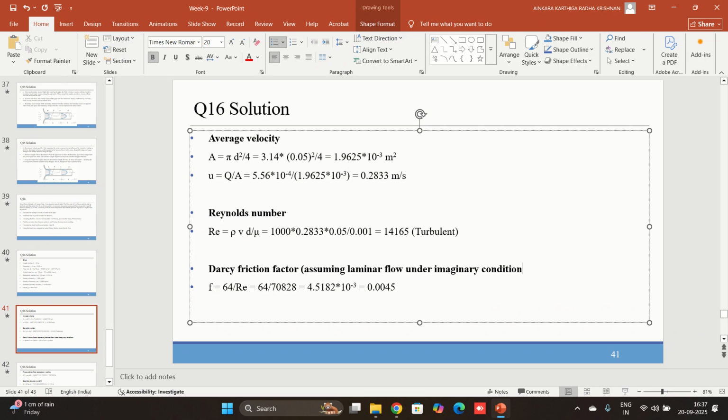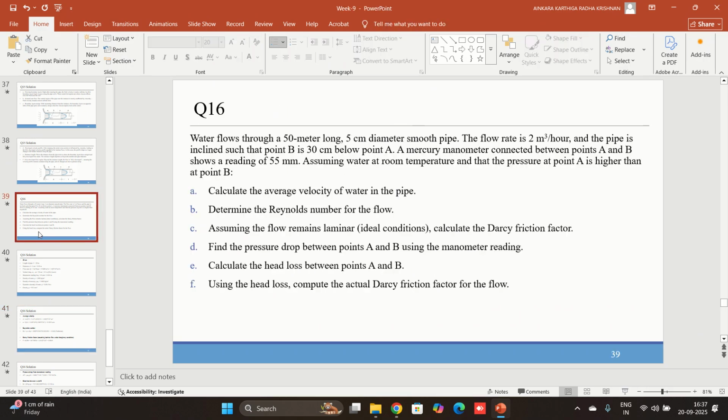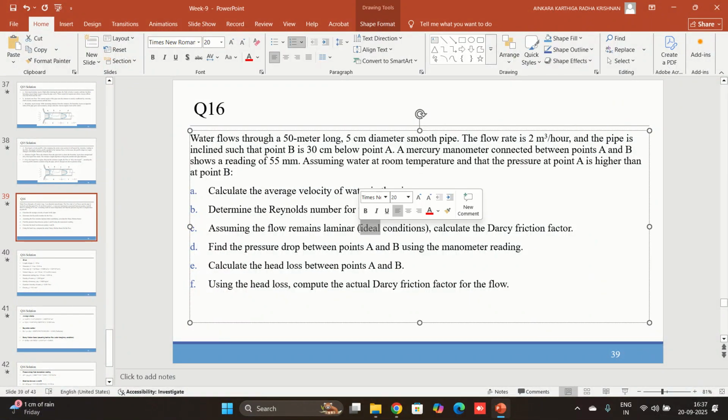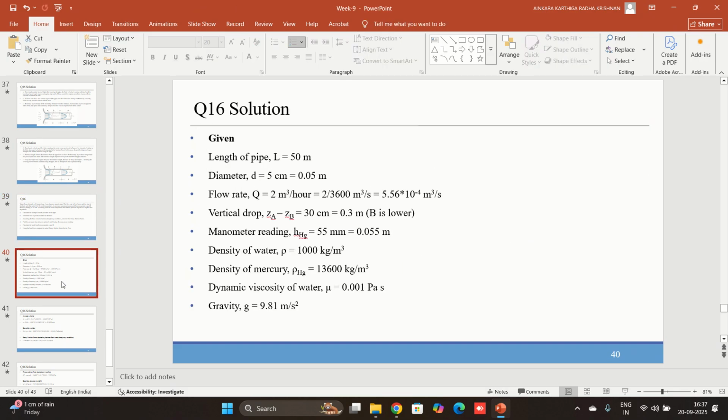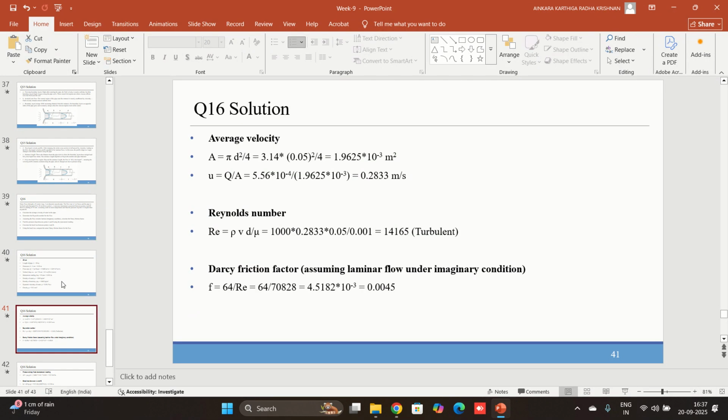I will change it in the question also as imaginary. So our friction factor was 0.0045.